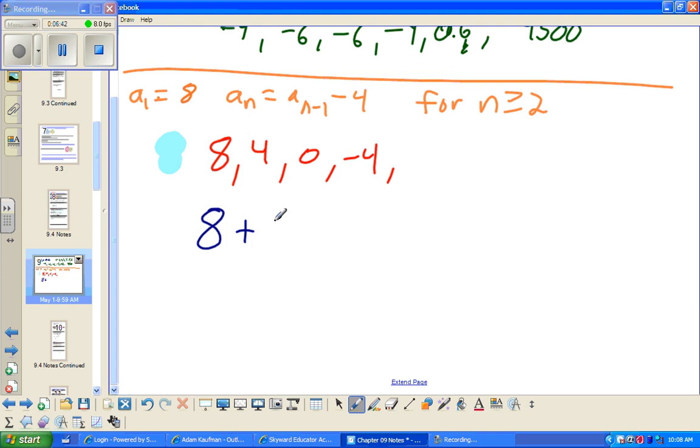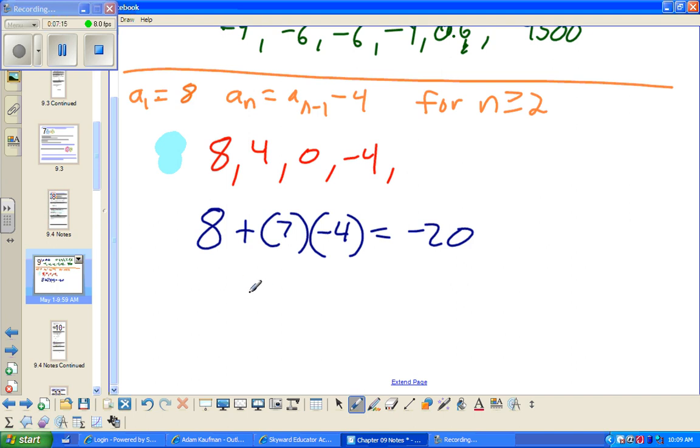So if we want the 8th term, the n minus 1 would be 7. 8 minus 1 is 7, and we take that times the common difference, which is -4, equals -20, which tells us -20 would be the 8th term. That's what we're trying to find, the 8th term.